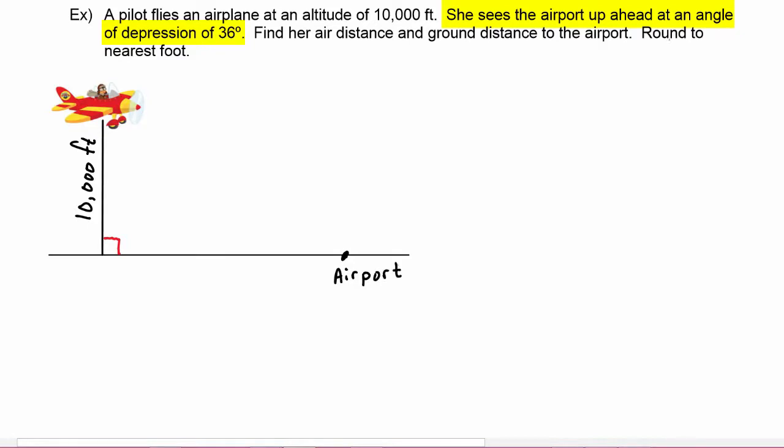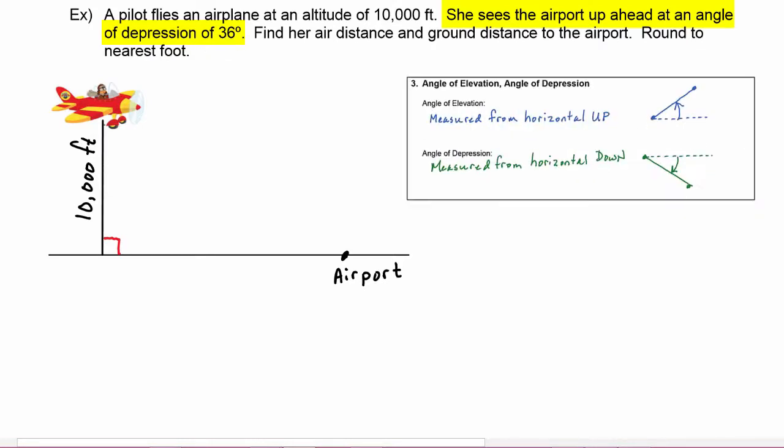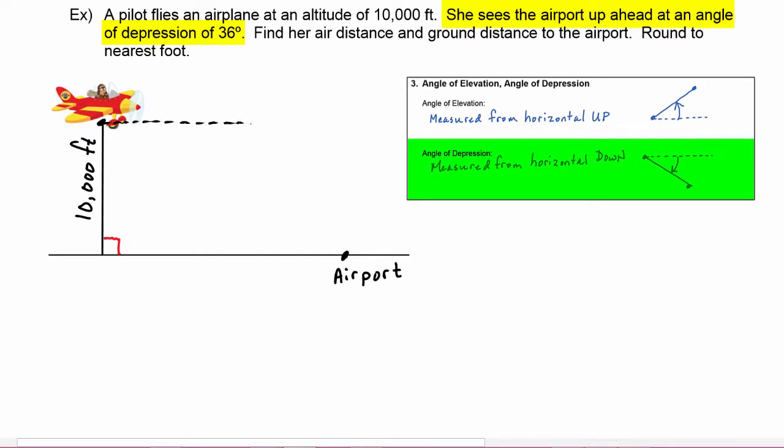So to draw in the angle of depression, we know that the definition is that you measure from the horizontal going downward. So now we'll draw in the line that represents the distance from the pilot to the airport. And then that means that this angle right here is the angle of depression, which is 36 degrees.